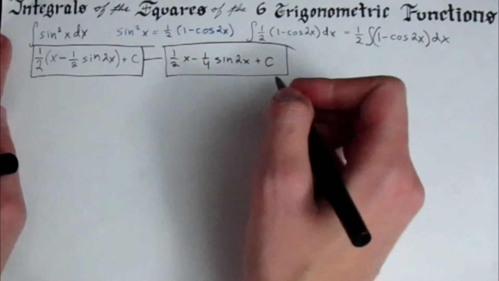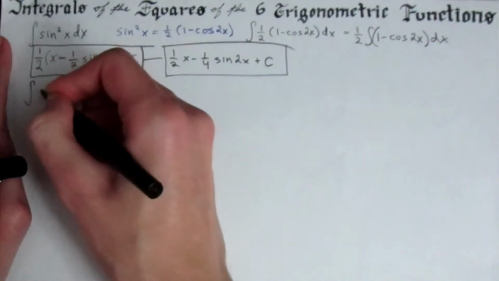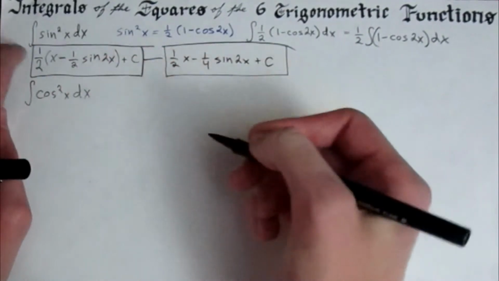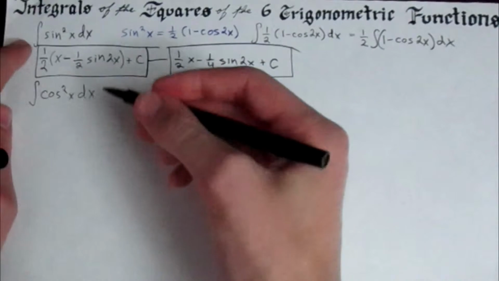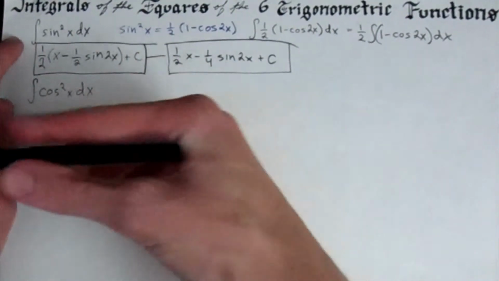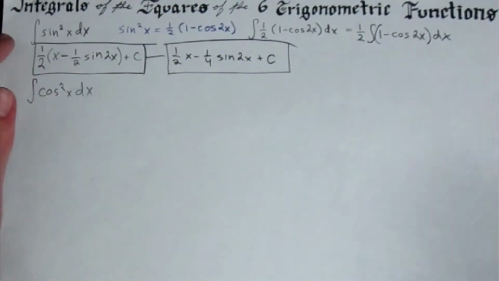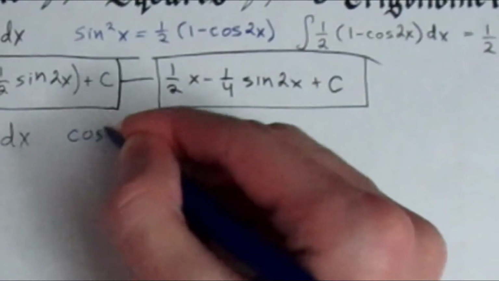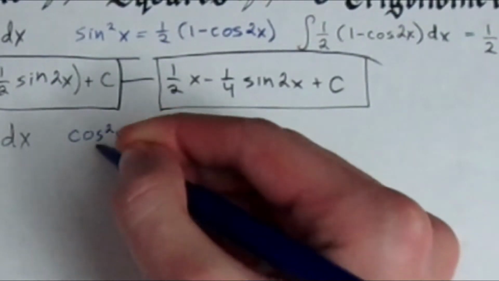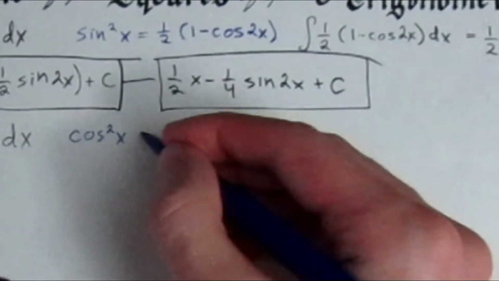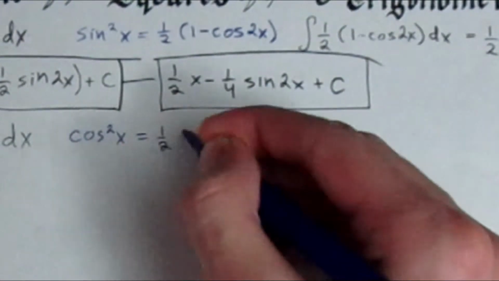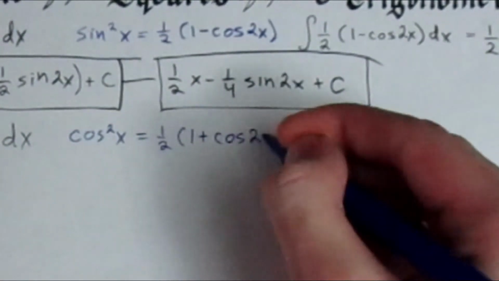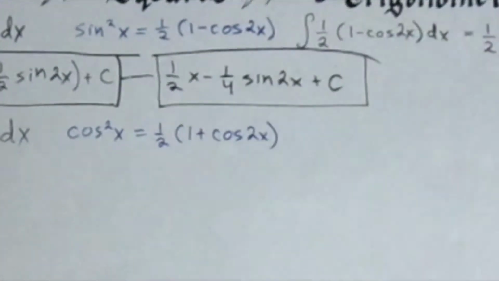Now, what about the integral of cosine squared x dx? Just like before, we cannot integrate it just like this. We have to know what the half-angle identity is and make a substitution. The half-angle identity for cosine squared of x equals 1/2 times the quantity 1 plus cosine of 2x.